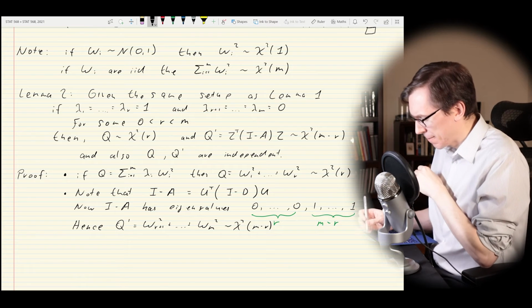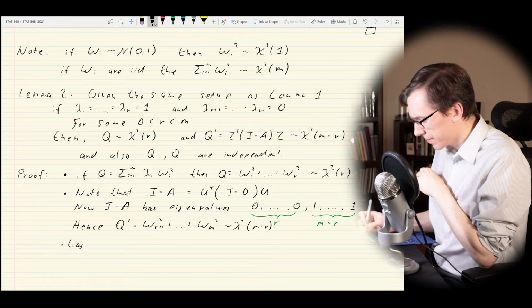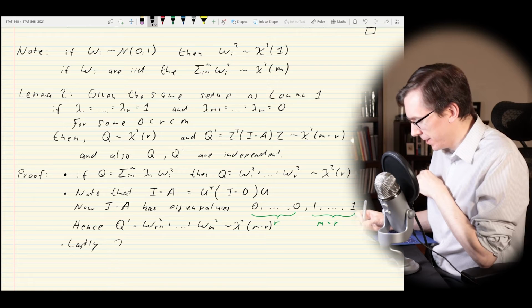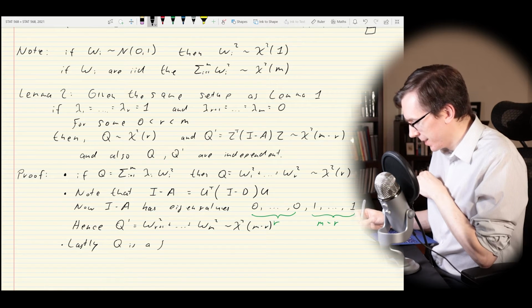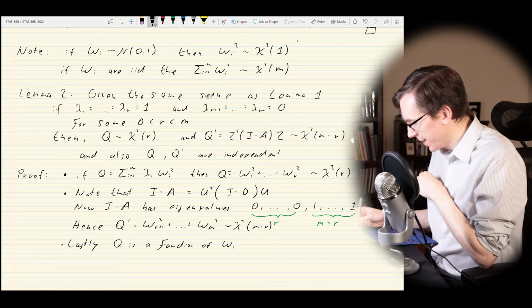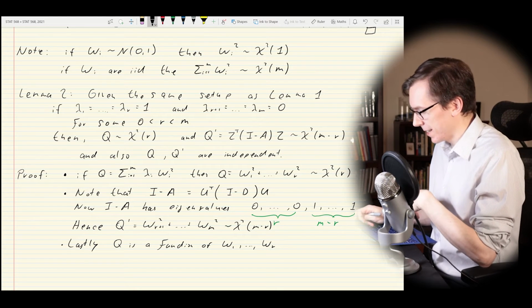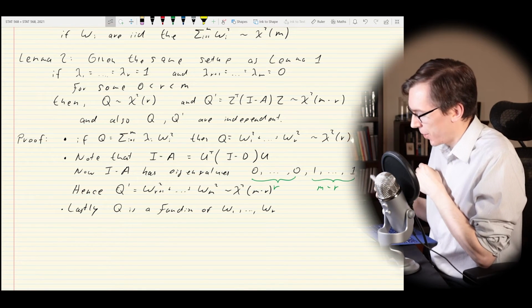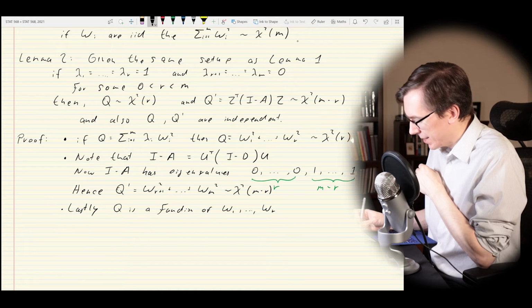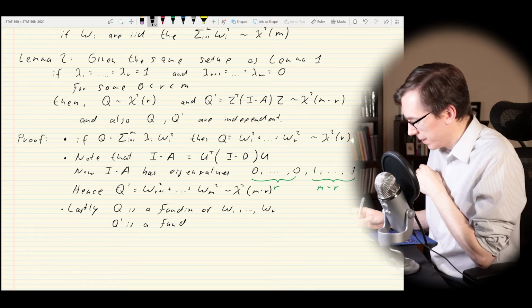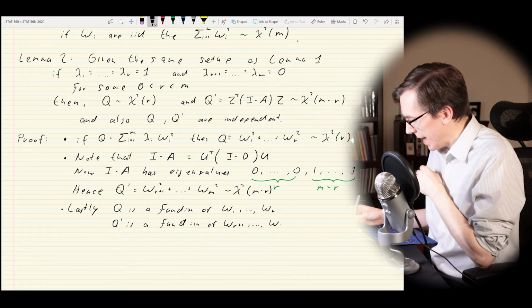And then lastly, Q is a function of W_1 through W_R. It's just the sum of the squares of these things, but it's a function of the first R W's, and Q prime is a function of W_{R+1} through W_M.